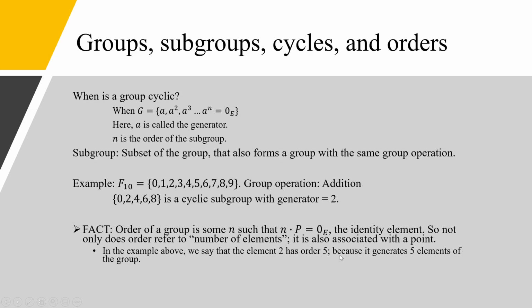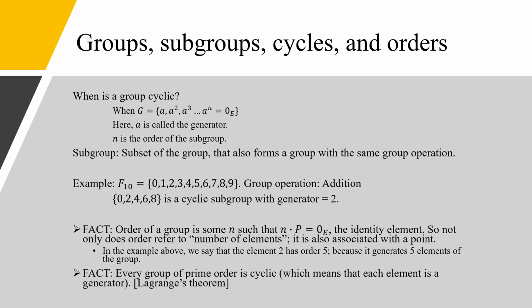So 2 power 5 will give us 0 again, and so we see how an order is associated to the generator here. 2 is technically a member of this group of order 10, but we say the order of the point 2 is 5, and that's because the cyclic subgroup generated by 2 has order 5. The order of the element is the order of the cyclic subgroup generated by that element, right? So that's the definition of an order.